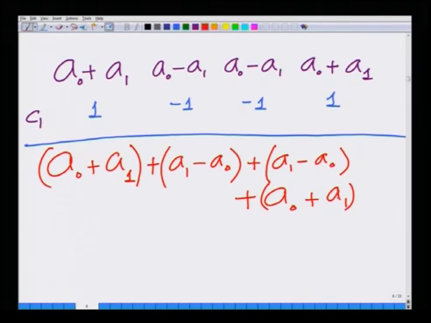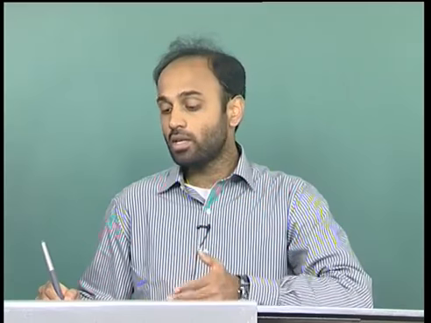Now, when I add all these things together, I will get A1 + A1 + A1 + A1, which is nothing but 4 A1, plus A0 - A0, which is 0, - A0 + A0, which is 0. Hence, the interference corresponding to user 0 is 0.